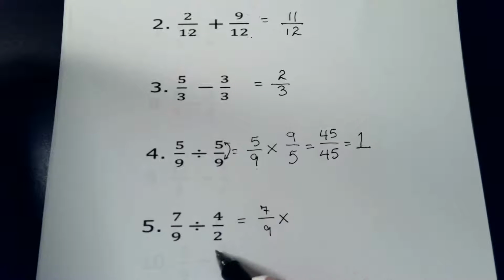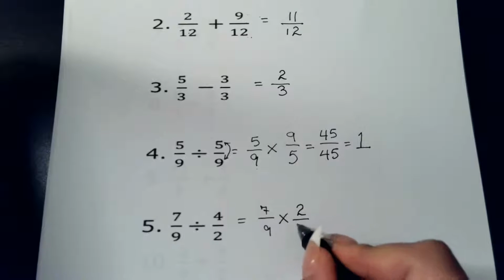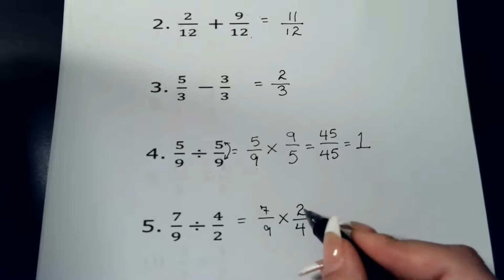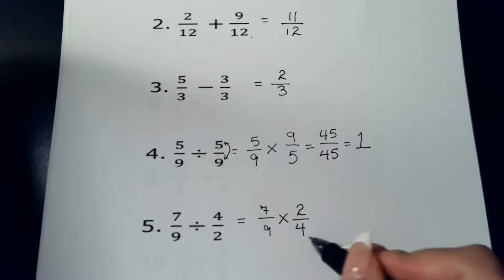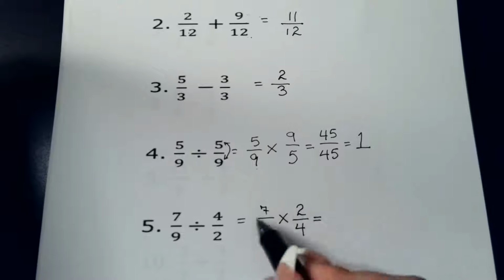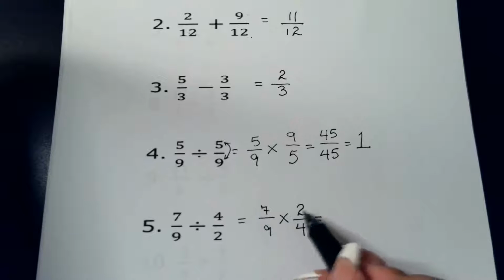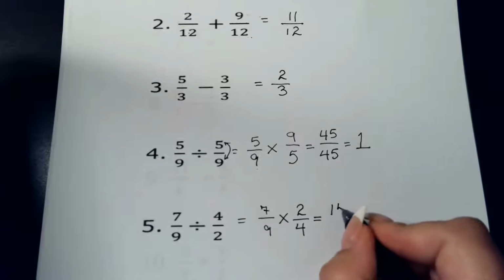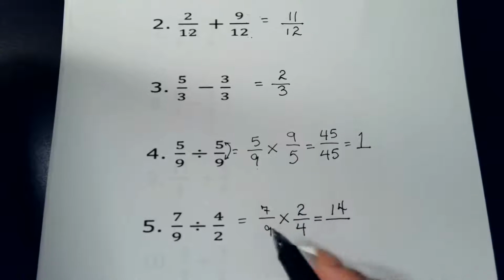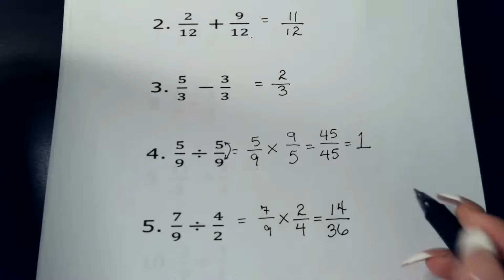It gets flipped. So we want that to be 2 over 4, with a 2 in the numerator position and a 4 in the denominator position. Just like with the rest of the multiplication, it is straight across. 7 times 2 is 14, and 9 times 4 is 36.